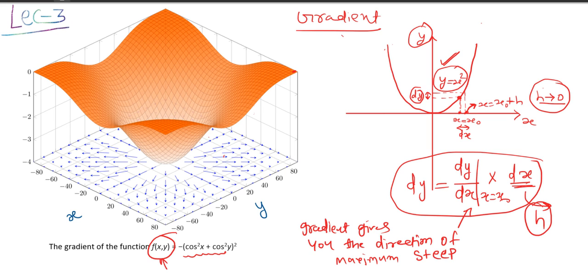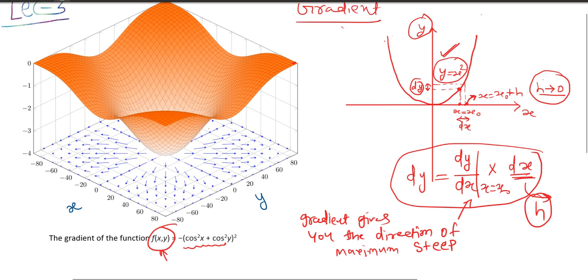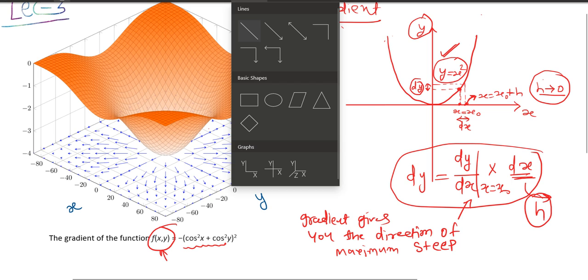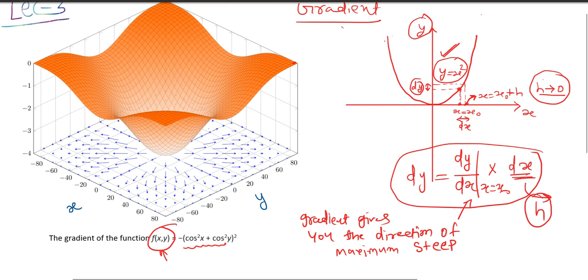Now let's look at it in much more detail. Let's say I am going in this direction, and this direction is given by, let's say, the vector s.